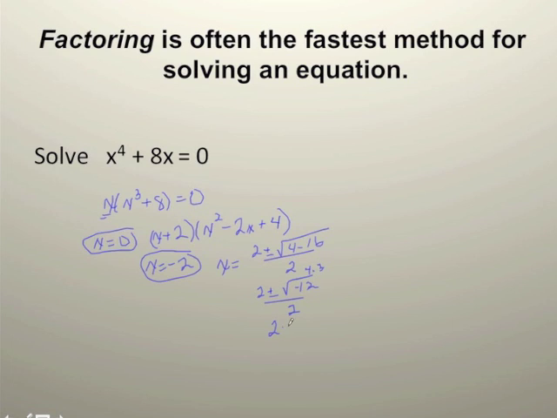So that will equal 2 plus or minus 2i, because of the negative, square root of 3 over 2, or x equals 1 plus or minus i times the square root of 3. So here I have 1, 2, 3, 4 solutions, since it was an x to the 4th.